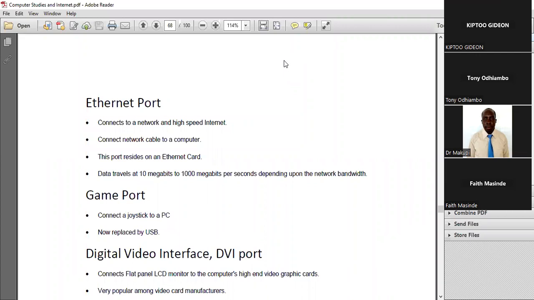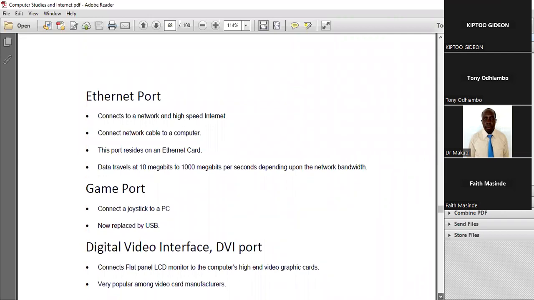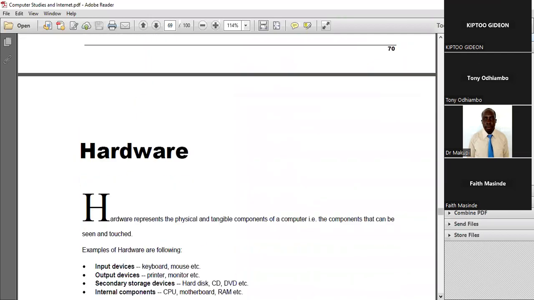Normally, data travels between 10 to 1,000 megabits per second, depending upon the network bandwidth of the source. There is also the game port, DVI, and the others. You can read those, and also the circuits.